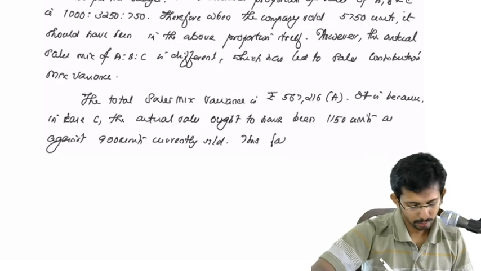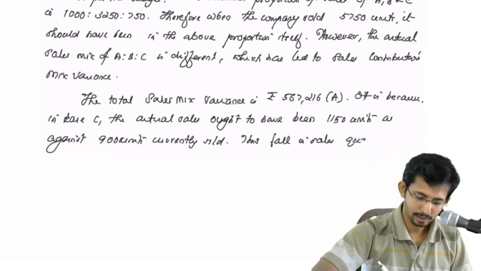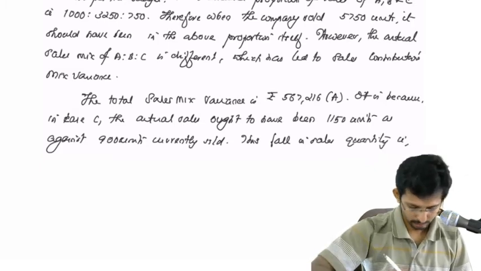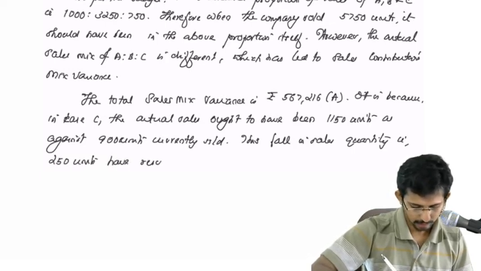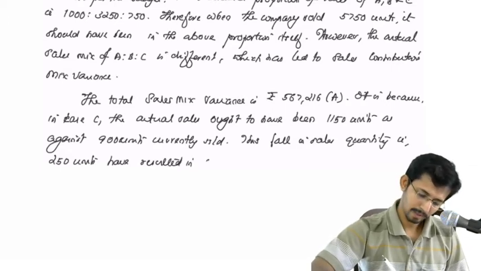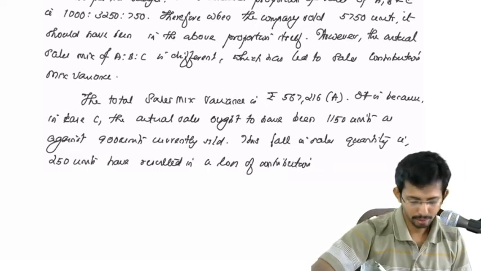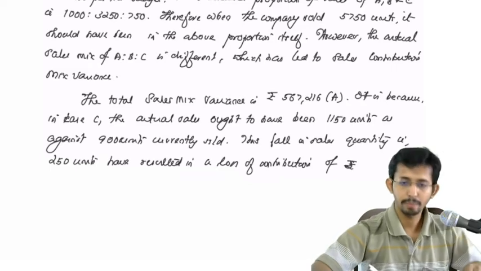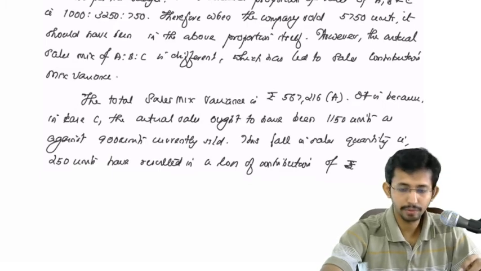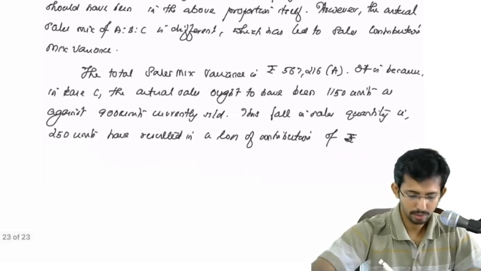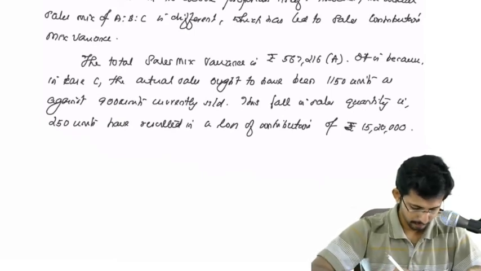This fall in sales quantity, that is 250 units, has resulted in a loss of contribution of rupees 250 into 6080 rupees, 15,20,000.